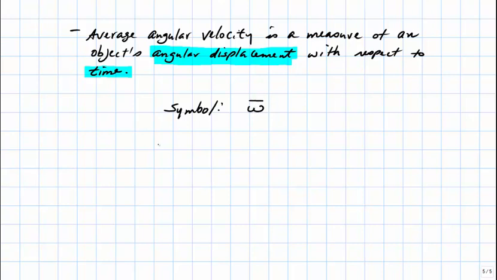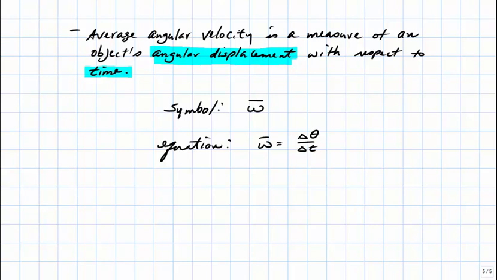The equation for average angular velocity looks like this. Again, the components are angular displacement, which is represented by delta theta, as well as time, which is represented by delta t.